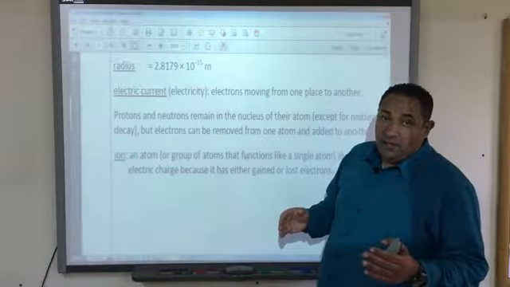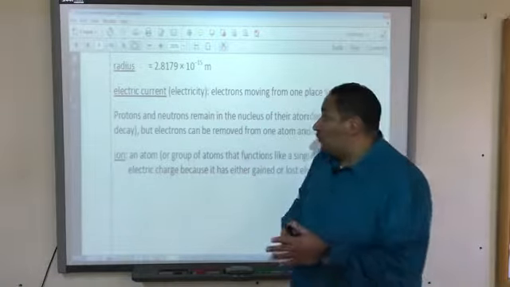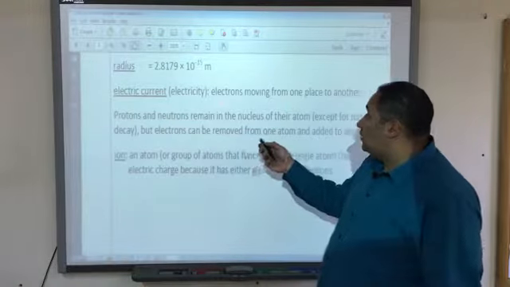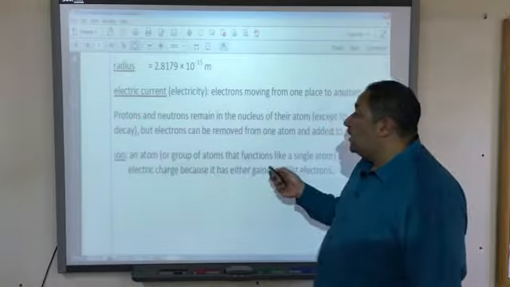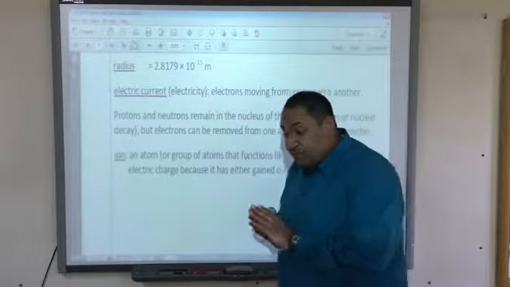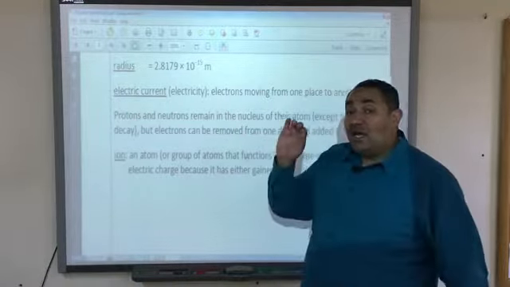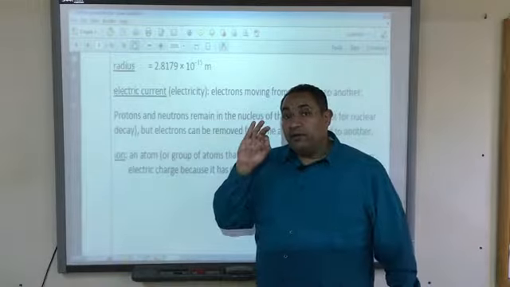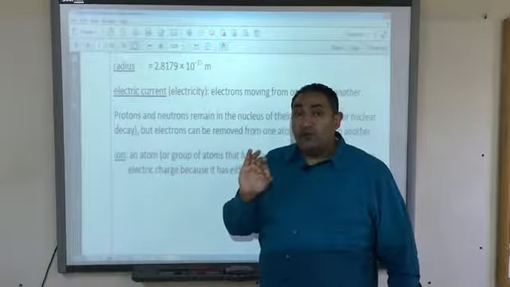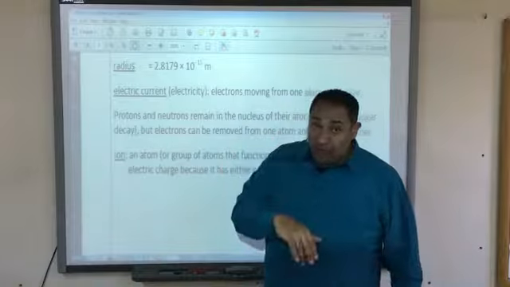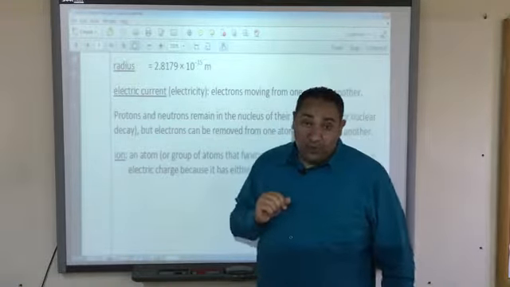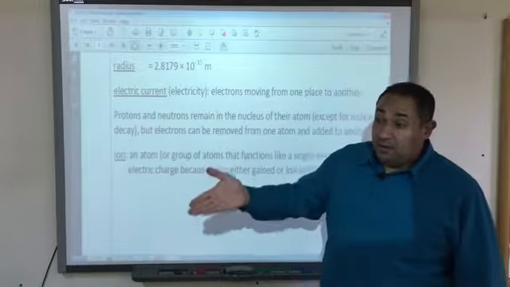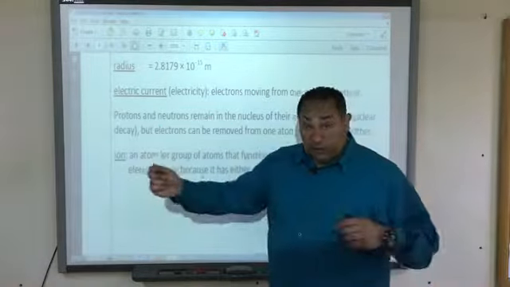You remember this also from physics, that in the electric current, electrons move from one place to another, while protons and neutrons remain in the nucleus. I think this was clear when we said electrons are the factor causing all the phenomena we know, because they move. Protons and neutrons cannot move from one place to another, but electrons can flow from one point to another.